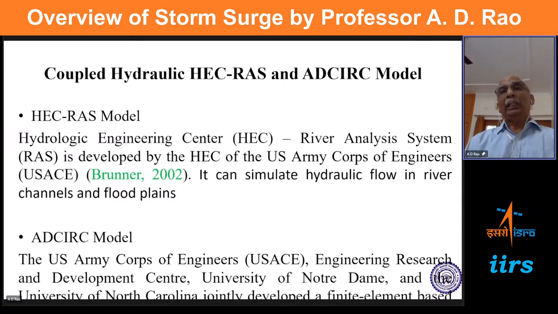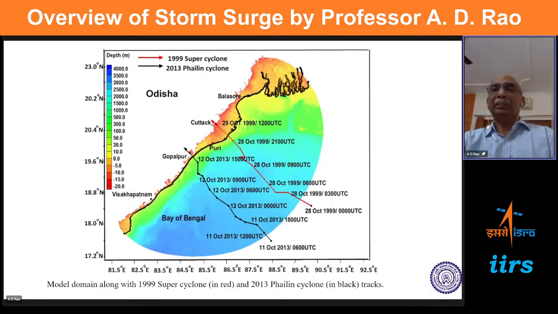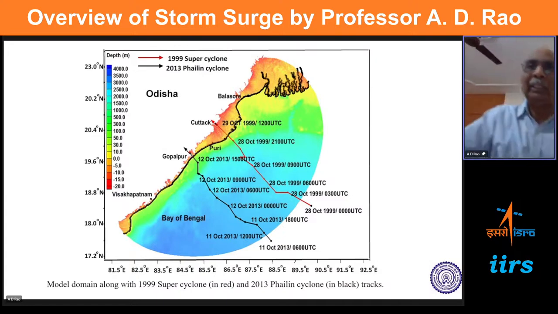I have to incorporate the forces coming from the storm surges, and also river discharge from the upstream end plus precipitation, in this coupled model. So I did it. I will just show some of the results. A lot of work is there, but I don't want to go into the details.